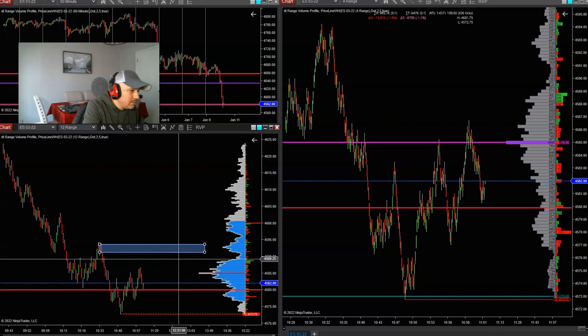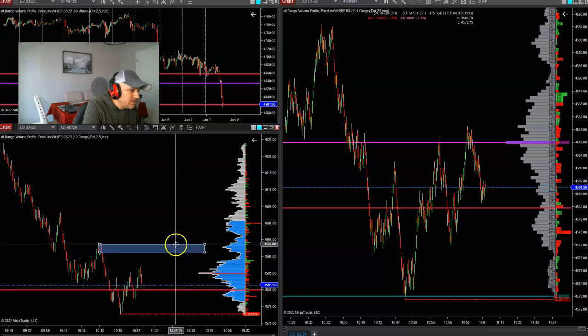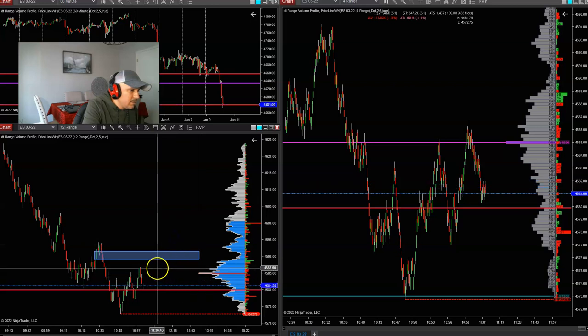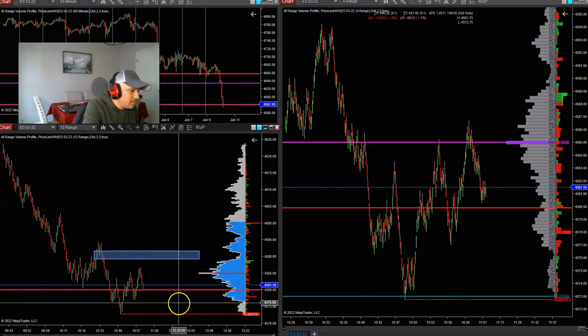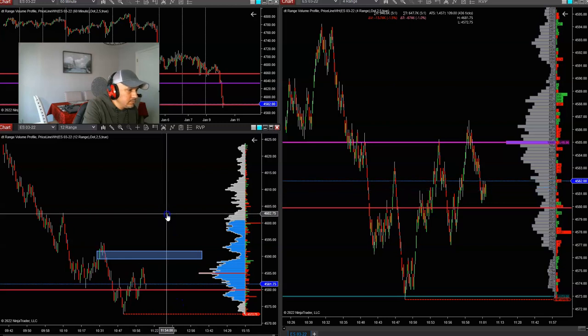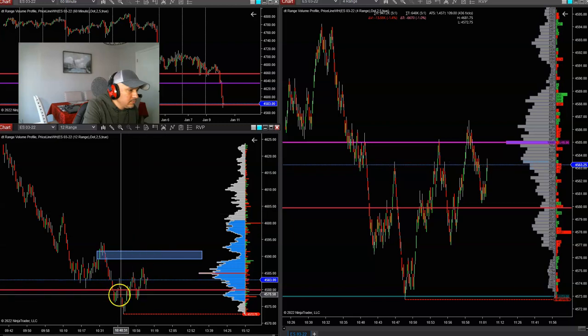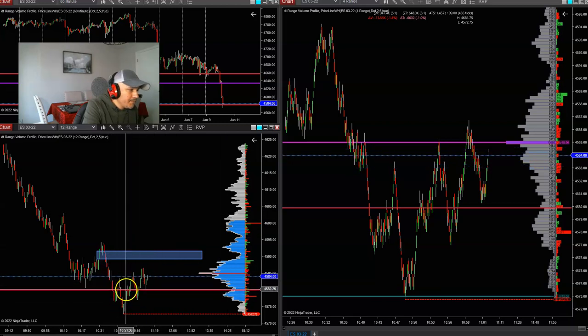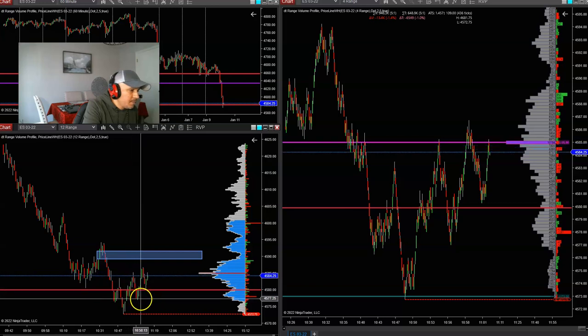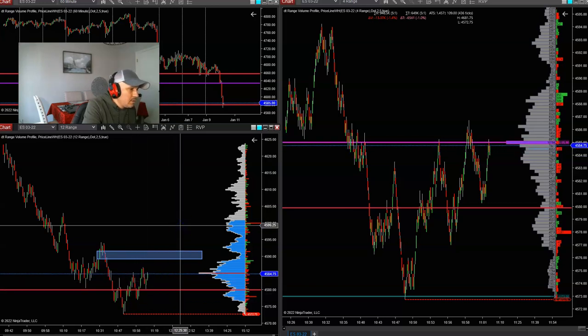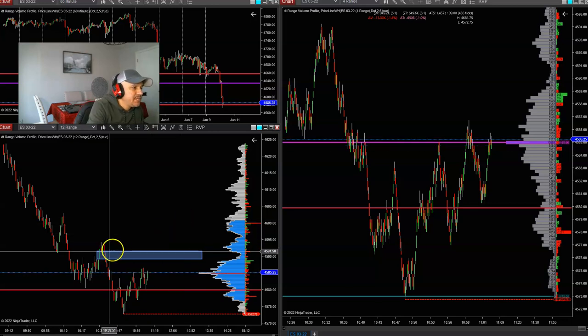Let's see here. Okay, we're in this high volume area, so be careful. We can still possibly tap into this area here, so be careful.